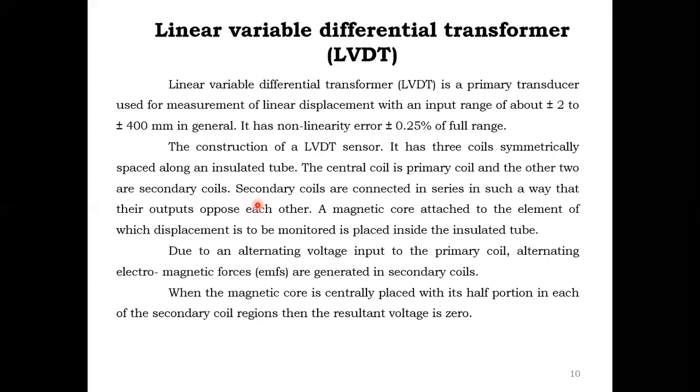Due to an alternating voltage input to the primary coil, alternating electromotive forces are generated in the secondary coils. When the magnetic core is centrally placed with half its portion in each of the secondary coil regions, the resultant voltage is 0.